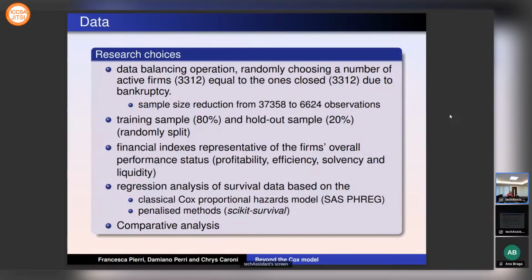And then we built financial indexes representative of the firm's overall performance status, like profitability, efficiency, solvency, and liquidity. And then we perform a regression analysis on survival data based on the classic Cox proportional hazard model using SAS PHREG and the penalized method using scikit-survival. Then we compared the two kinds of analysis.